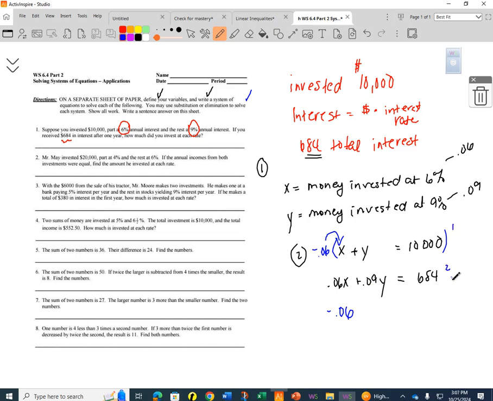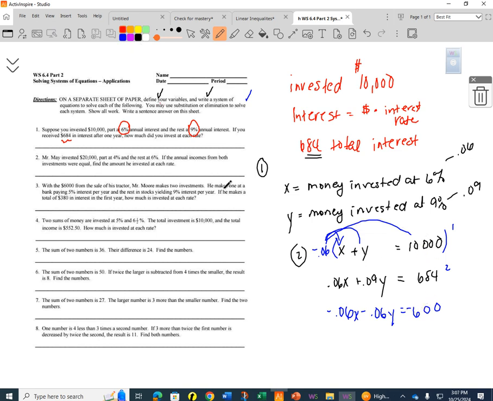This is my second equation. I'm going to rewrite my first equation after I've multiplied it by negative 0.06. Negative times a positive is a negative 0.06x. Negative times a positive is a negative 0.06y. Negative times a positive, negative 600.